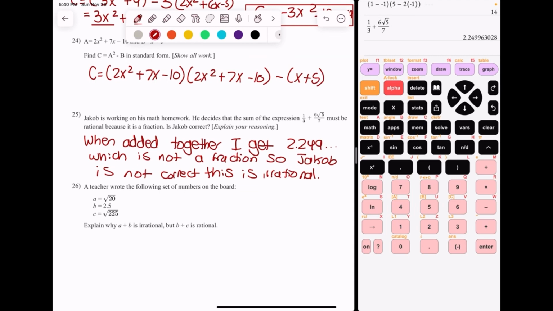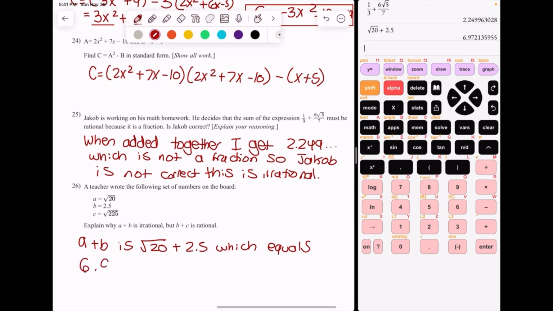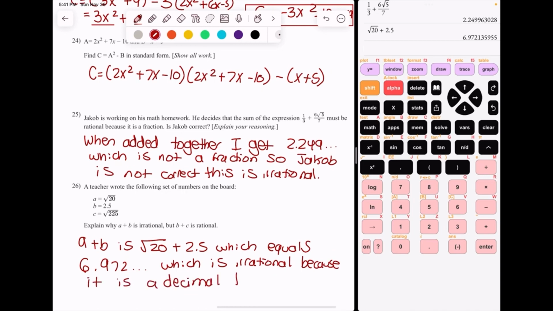A plus b is square root of 20 plus 2.5, which equals 6.972 ... which is irrational because it is a decimal that doesn't end or repeat. Good. And now let's look at b plus c.